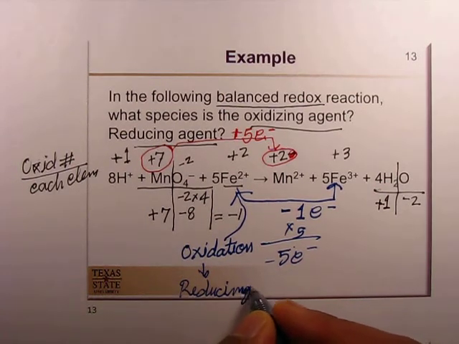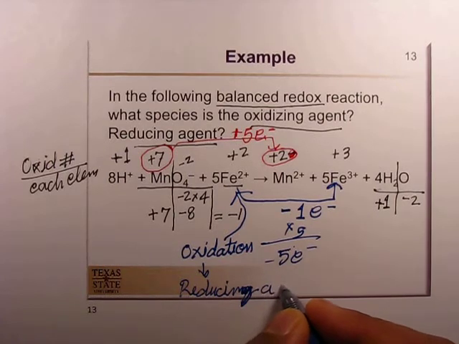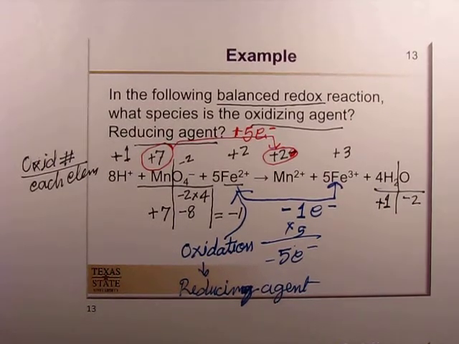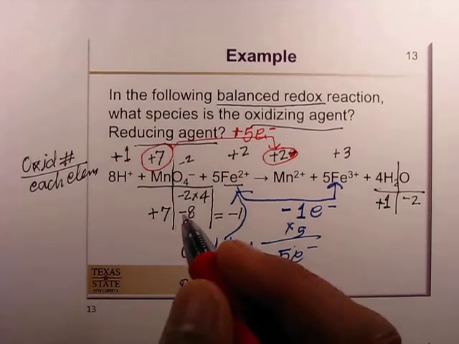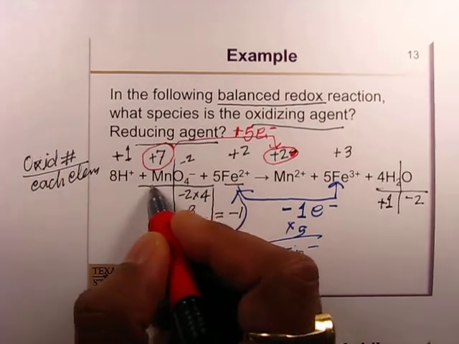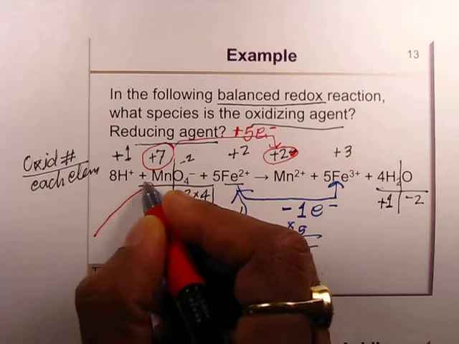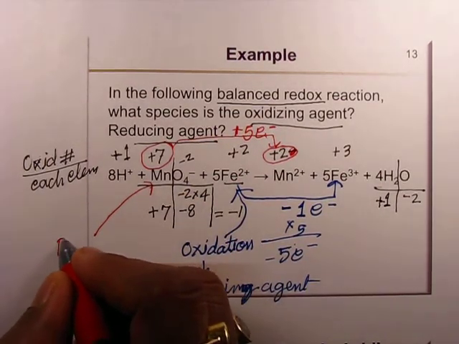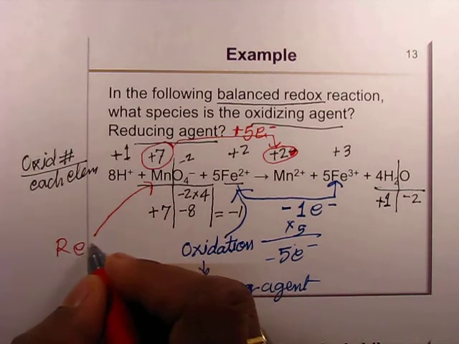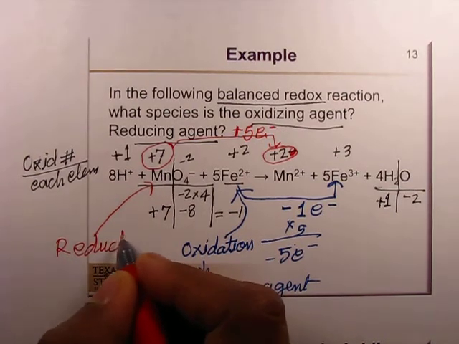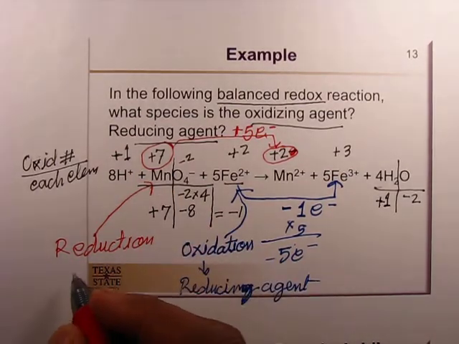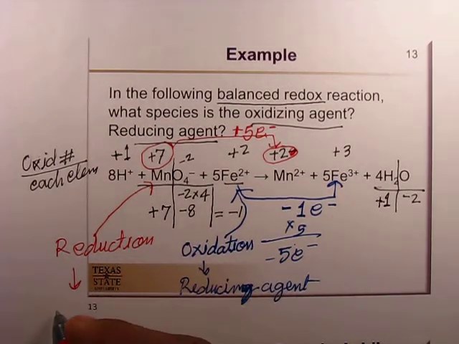On the other hand, the manganese ion, because reduction happens on this ion, basically on manganese, will be called the oxidizing agent.